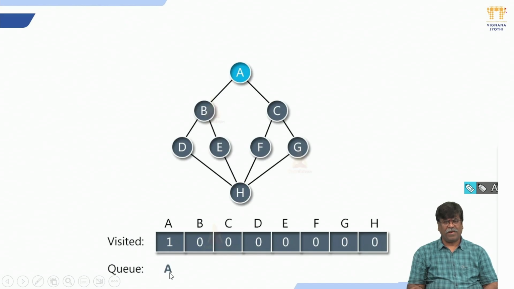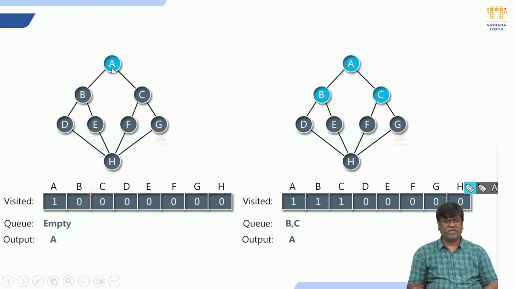Now you can pop out, you can remove the element from the queue and search for all the adjacents from that vertex. So now you can remove A from the queue and search what are the adjacents present for A. For A, I am having two adjacents, B, C. So now you can make B, C as visited and send this B, C to the queue.